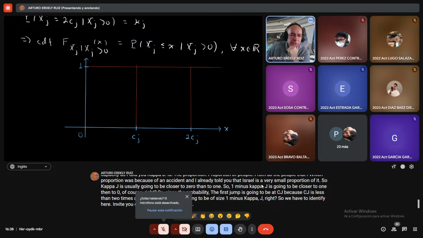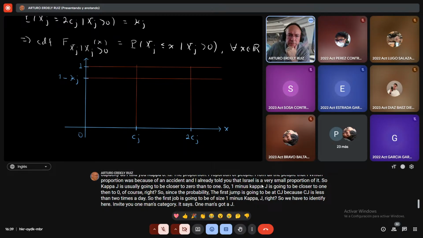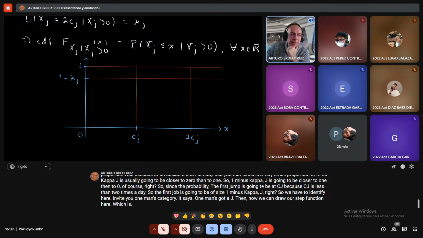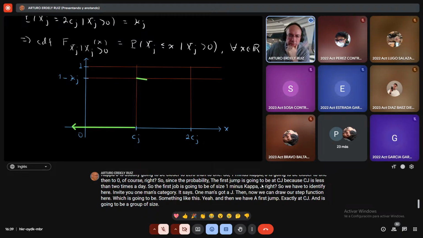Here, 1 minus kappa J. Okay. And then now we can draw our step function here, which is going to be something like this. We have a first jump exactly at CJ, and it's going to be a jump of size 1 minus kappa J, right?